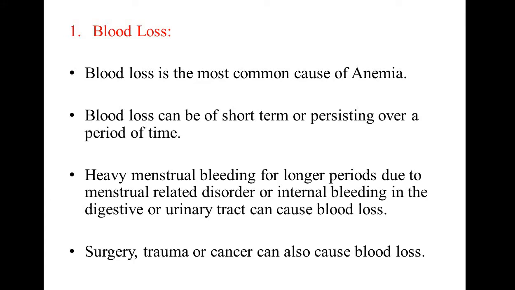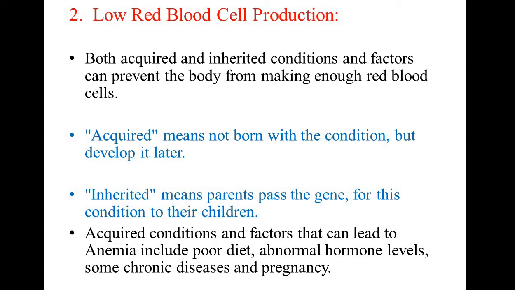We'll consider the next one, that is low red blood cell production. Both acquired and inherited conditions and factors can prevent the body from making enough RBCs. Acquired means not born with the condition; the condition is not present at the time of birth but develops later on.